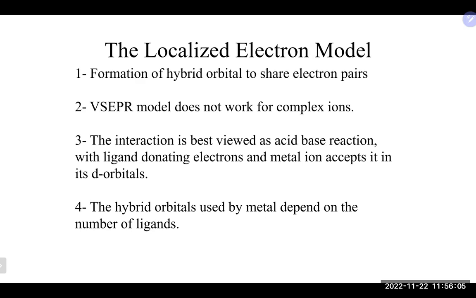To help us with that, we have the formation of hybrid orbitals to share electrons. If you remember hybrid orbitals, that's your sp, sp2, sp3, sp3d, and sp3d2. These go with certain electron pair geometries.